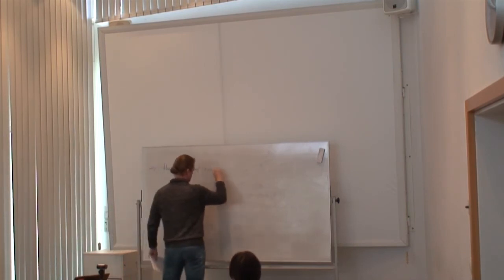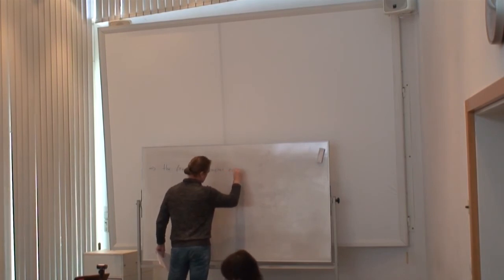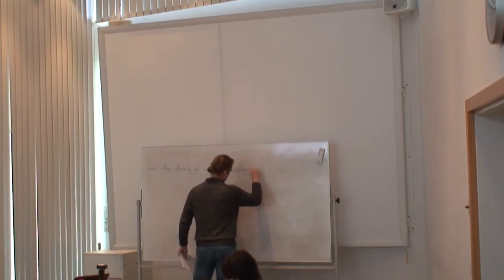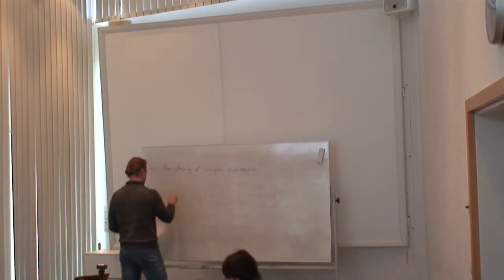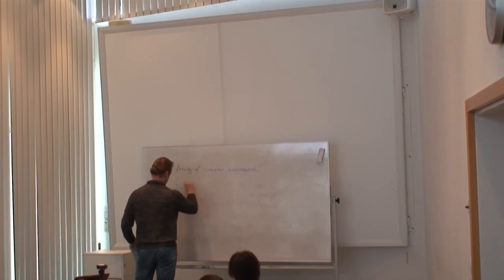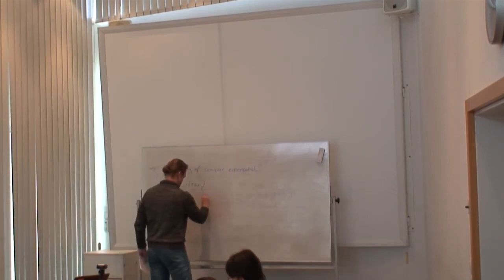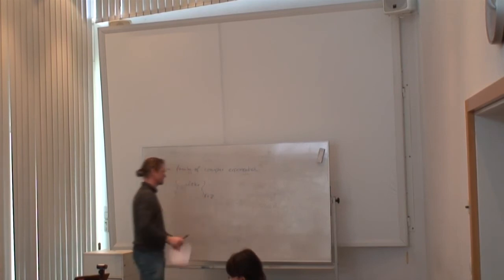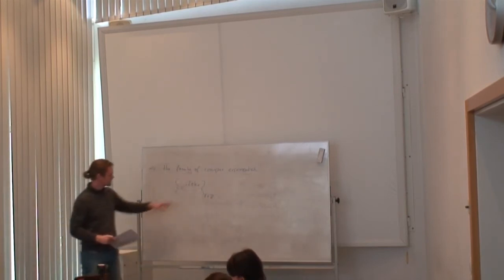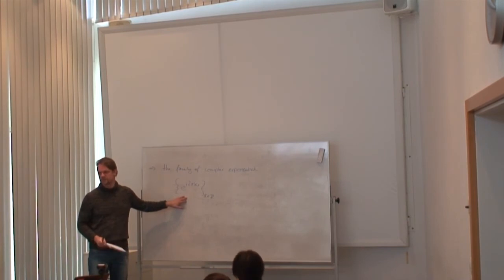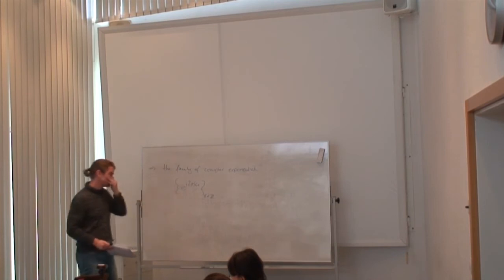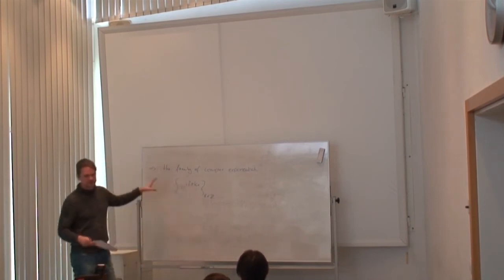We deduce that the family of complex exponentials, and by family of complex exponentials I refer to this set e to the i 2 pi kx, is a set of a lot of functions: for every integer k there is one such function of x. Those are all functions of x, but depending on our choice of k they are different.